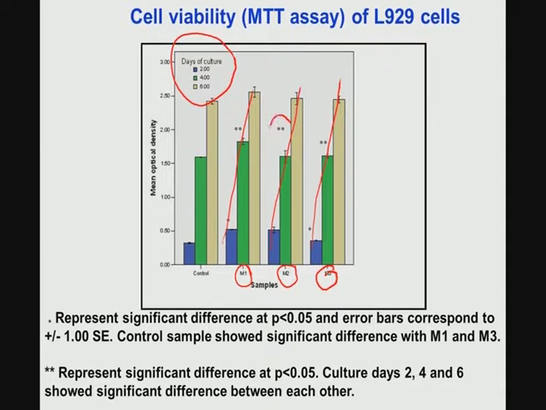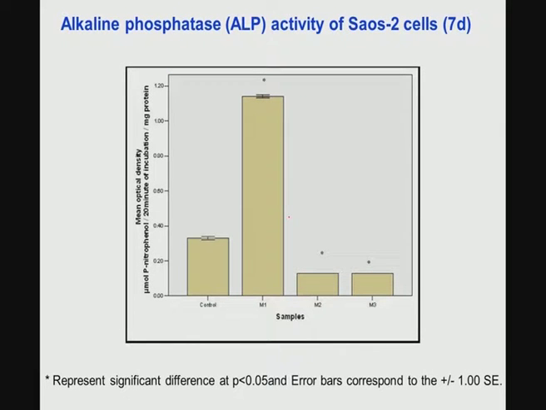There are certain statistical significance aspects highlighted in this slide, and essentially it shows how, with respect to control at different time points in culture, these glass ceramic materials have a statistically significant increase in the optical density. Now, alkaline phosphatase expression or activity has also been quantified on these materials using osteosarcoma cells.